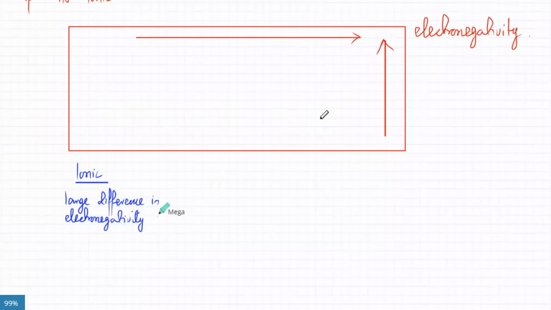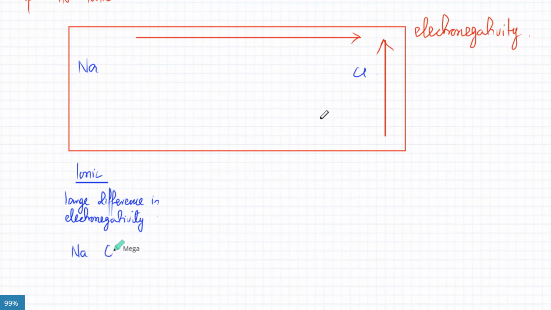For example, when one of the atoms is not very electronegative, that means it's not really interested in its outer shell electrons, it's not attracting those electrons. And the other element on the right side is extremely electronegative. So one of the atoms ends up losing electrons, the other one ends up gaining electrons. One of them becomes +1, the other one becomes -1. Everyone pretty much knows this. But for an ionic compound, you need a very large difference in electronegativity. That's why one of the atoms would lose electrons, the other one would gain electrons.